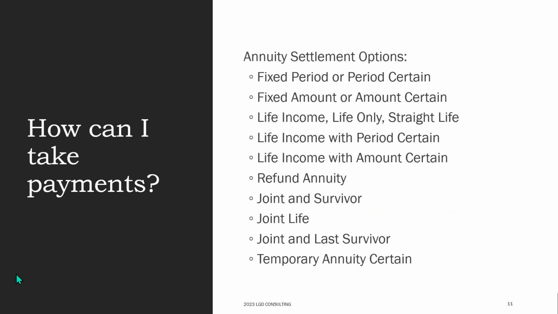And so where we can flip the switch is changing it over to life income, sometimes called life only and sometimes called straight life. This is where, when you annuitize a contract, we pay the annuitant for as long as they live. And so we're going to use mortality tables reflecting a longer life for the annuitant. So you're the only factor.